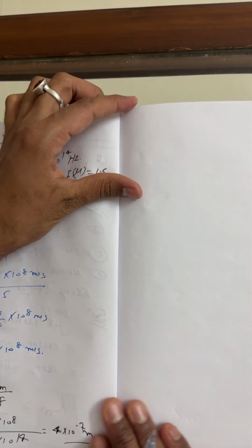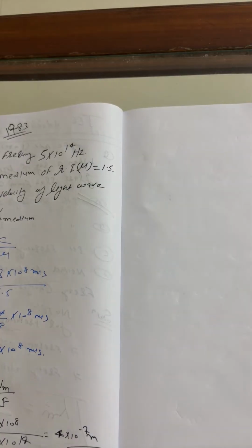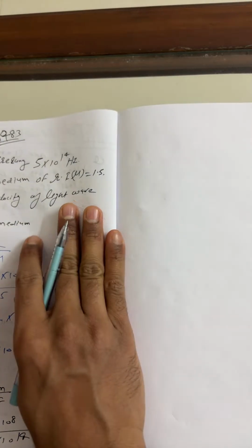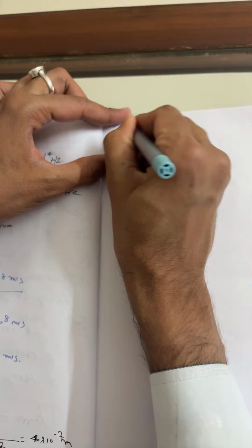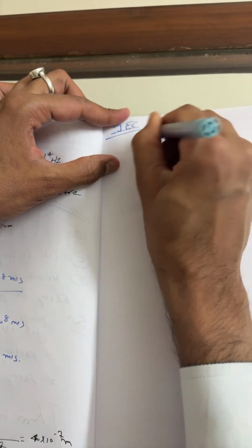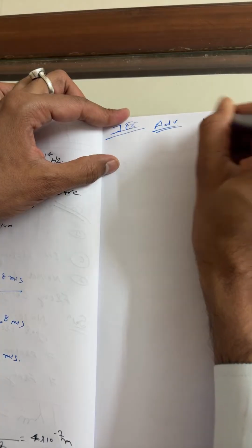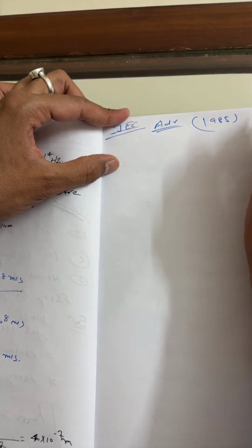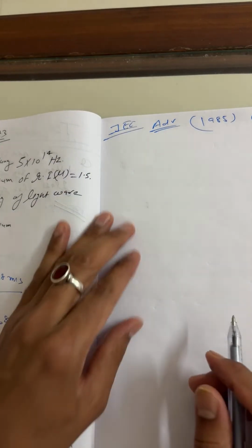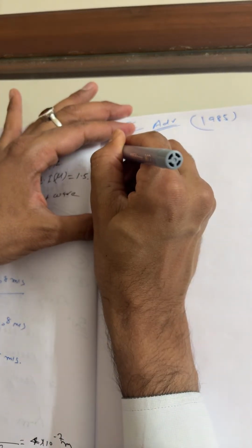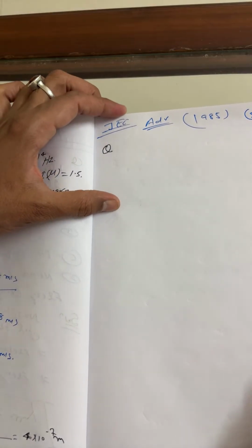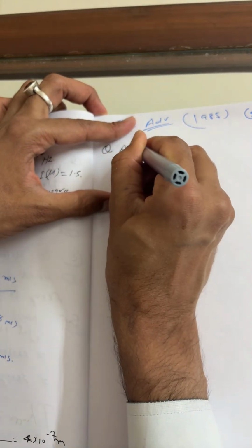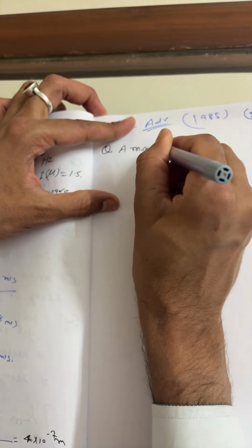The next question was again asked in 1985. This is JEE Advanced 1985, a 2 marks question. What is the question? I'm writing the question here, live in class.